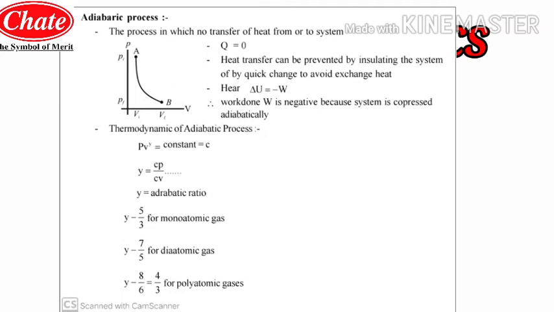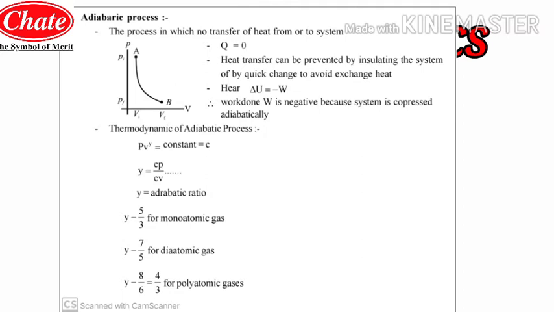So the total internal energy will be conserved inside the system, as there is no heat transfer, no work done, and no further movement of the piston. That's why the negative sign for the work done has been given. Now the work done W is negative because the system is compressed adiabatically.